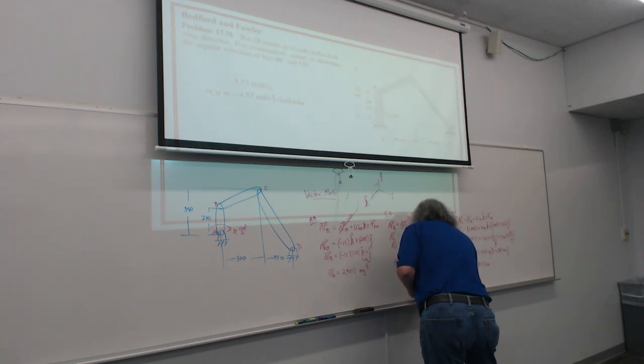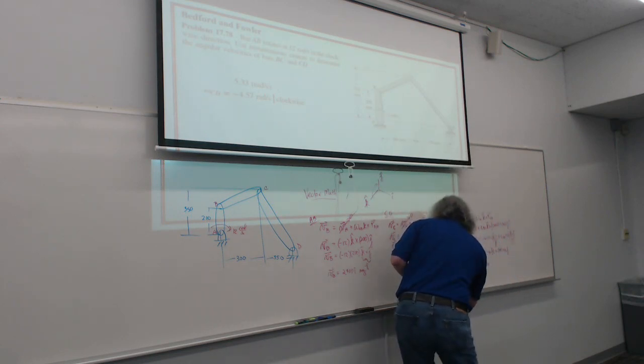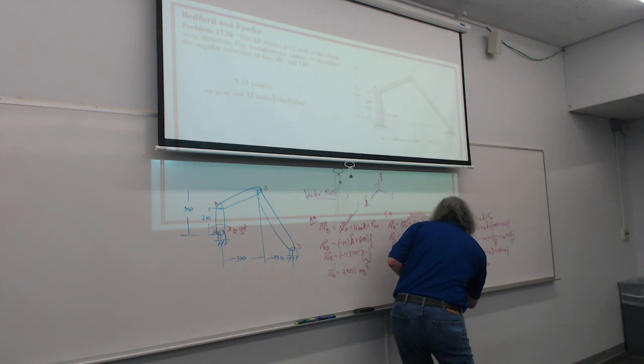We could plug that back into the I. My brain's not working. Got negative 350 times negative 0.8571 omega BC.